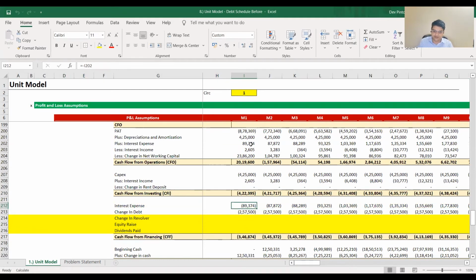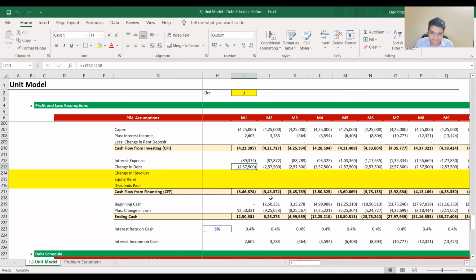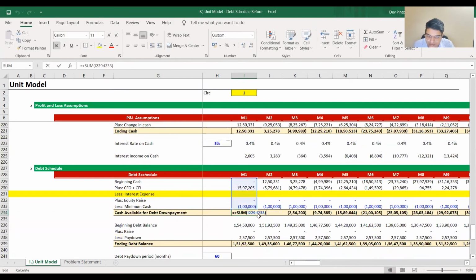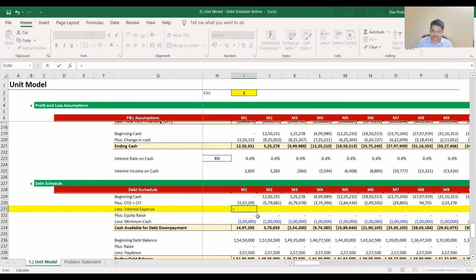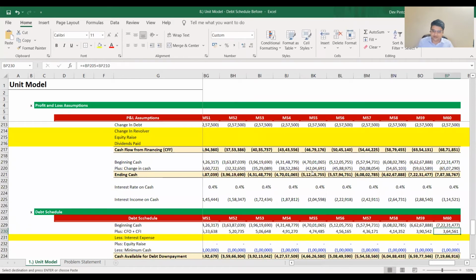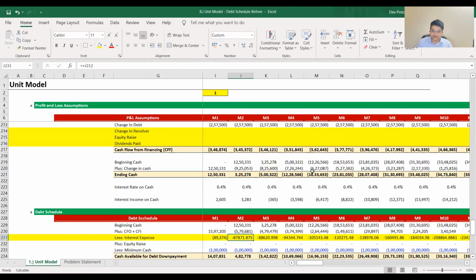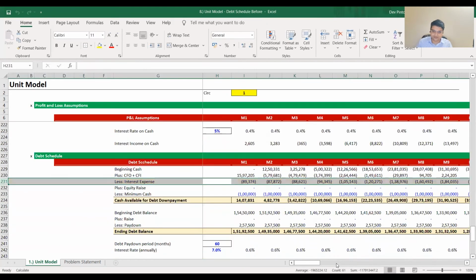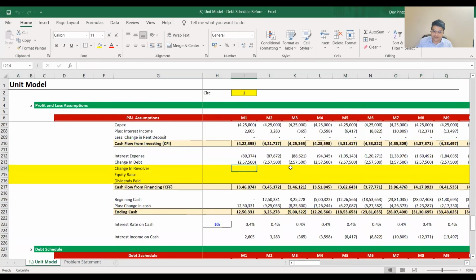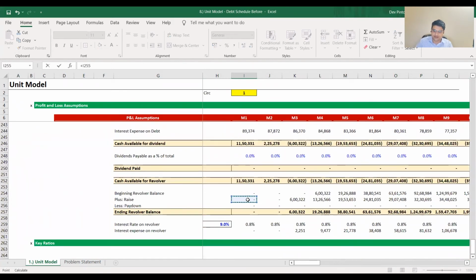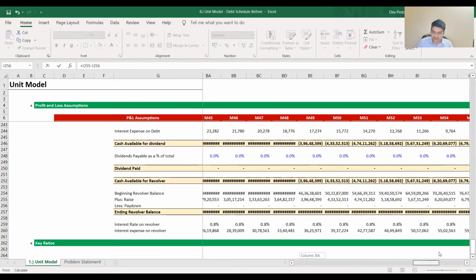Let's come here. Interest expense should be less, right? So even this should be negative. Change in revolver will be nothing but 1 minus 2, right? Make sure we get the signs correctly.